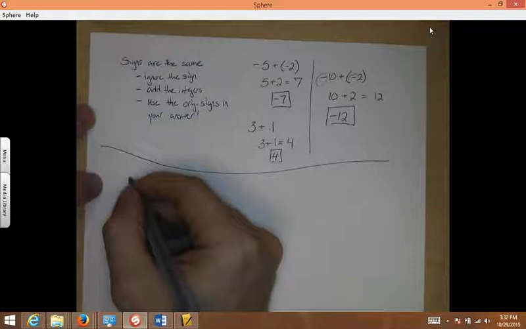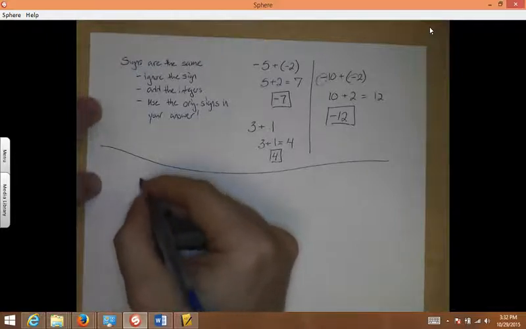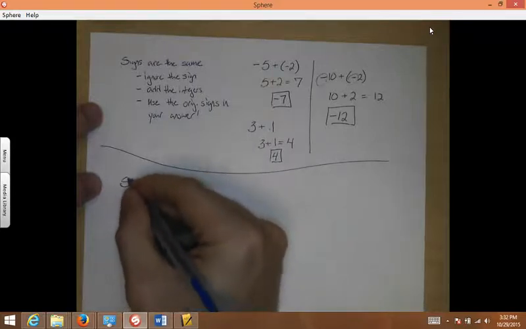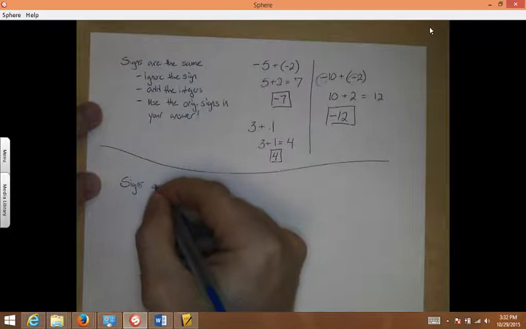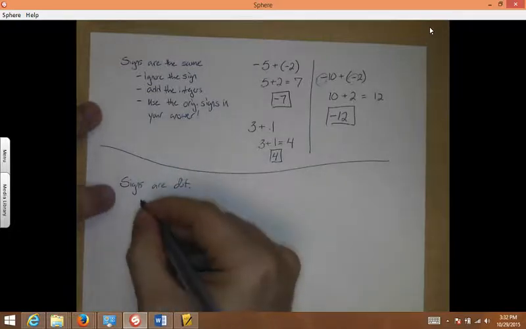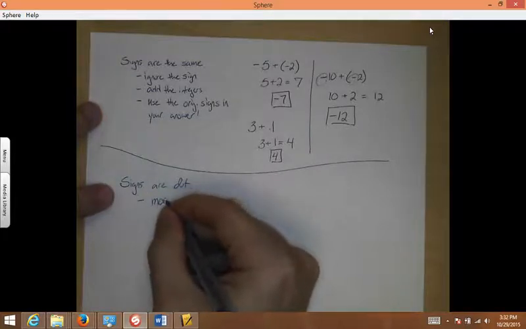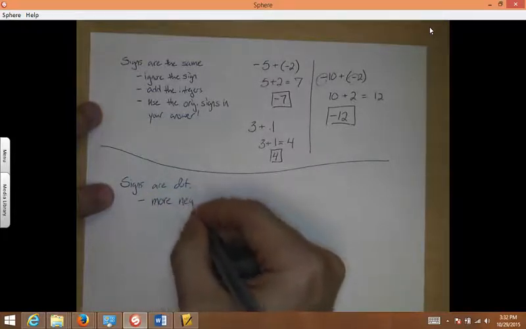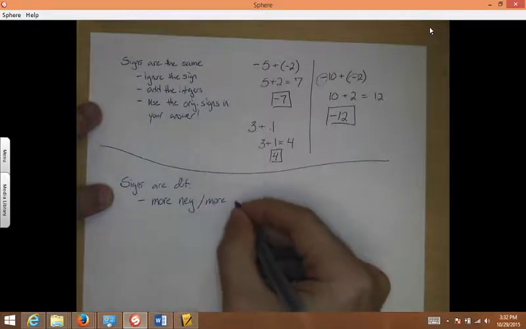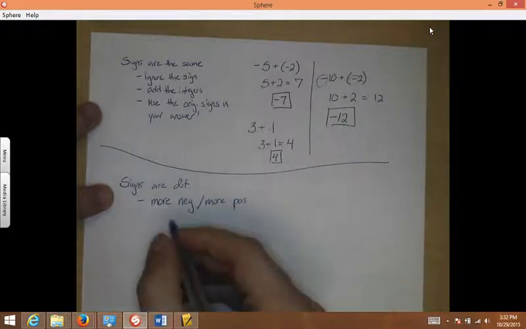So, if the signs are different, you're going to see if you have more negative or more positive. And whichever one you have, your answer is that.